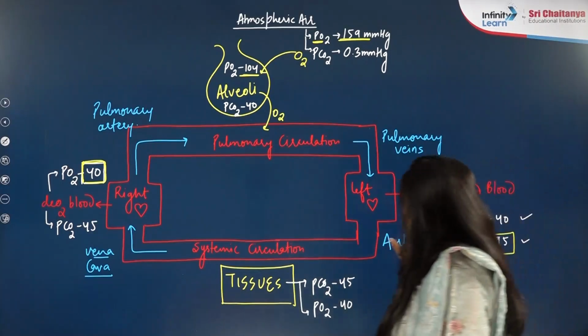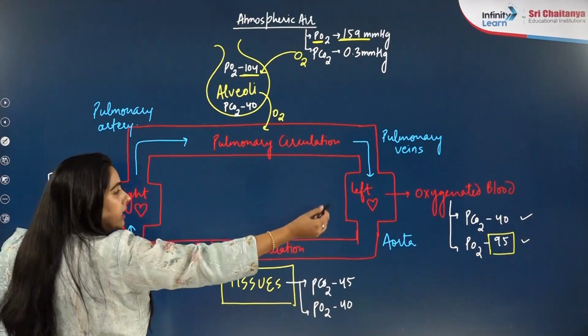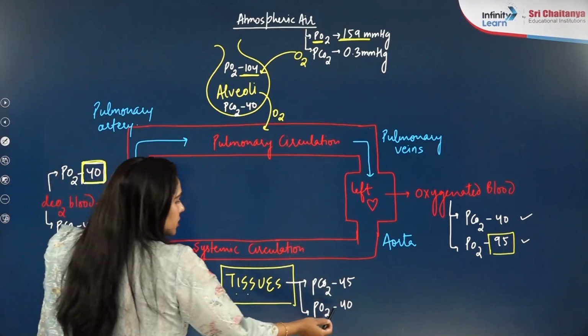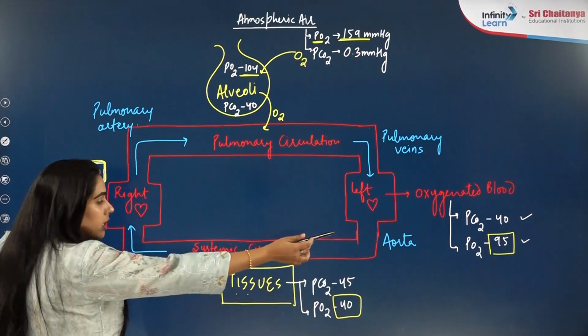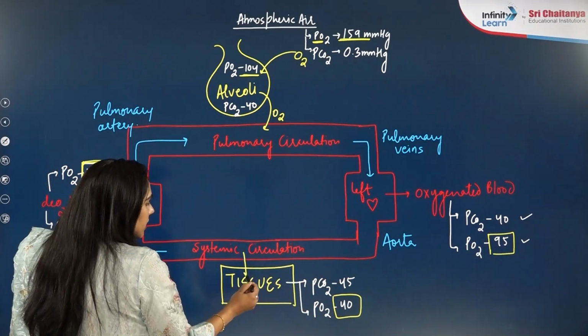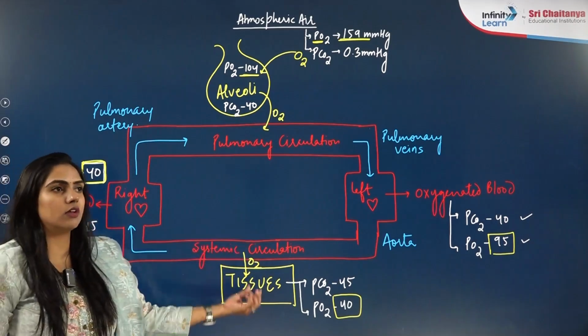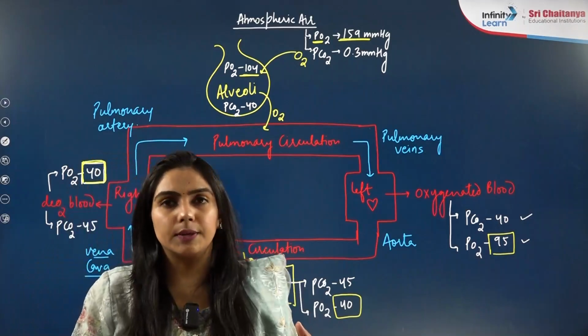Alright, now in this oxygenated blood, the partial pressure of oxygen is 95. It is going to come near the tissues. And what is the partial pressure of oxygen in the tissues? 40. So what is the higher value? 95. From 95 to 40, oxygen will diffuse. This is the exchange of oxygen.